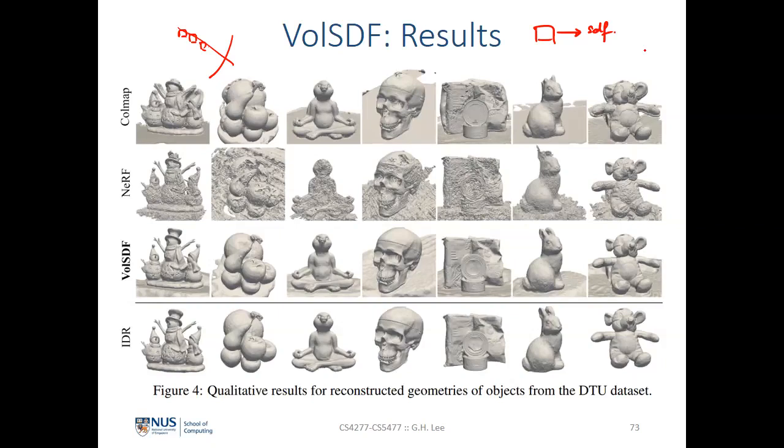And in contrast, before this there are works like IDR, for example. What they do is that they directly render from the SDF, because they are not accumulating the colors according to the volume density. They render directly from the surface.